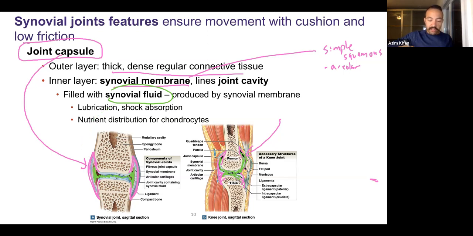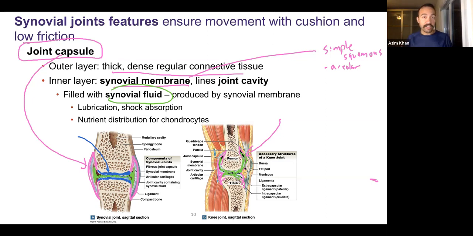You'll notice that we have articular cartilage, where I'm about to color in blue. We have articular cartilage here. If you look back to chapter 6, when we talked about cartilage, some cartilage can be found on the ends of bones. That's called articular cartilage, and it's made of hyaline. In general, cartilage is not well vascularized.